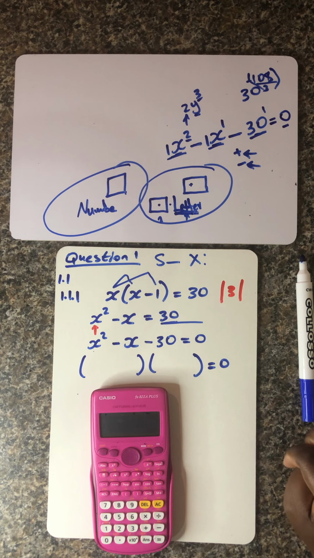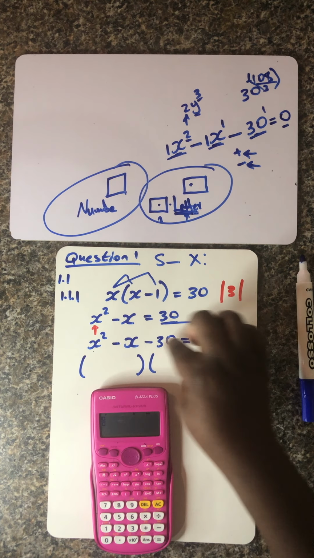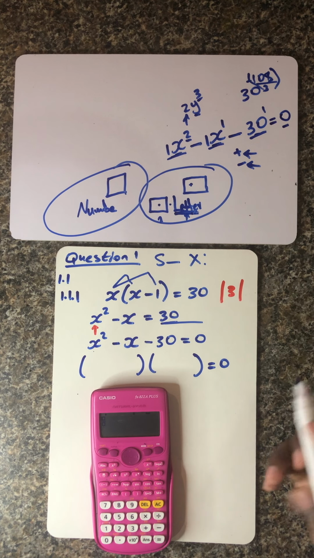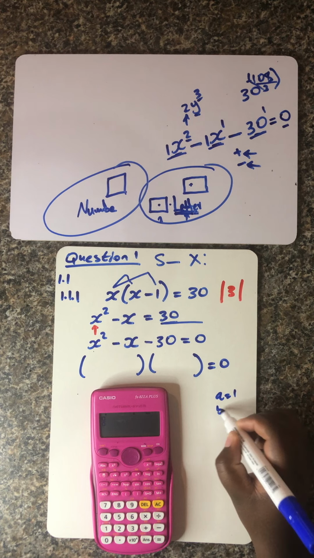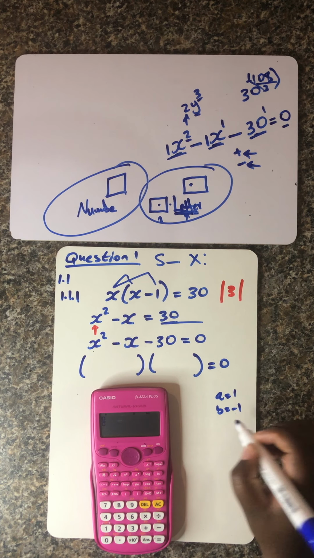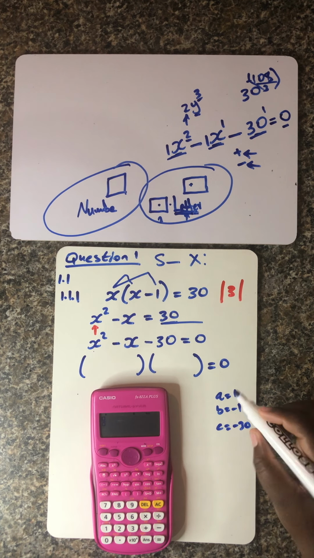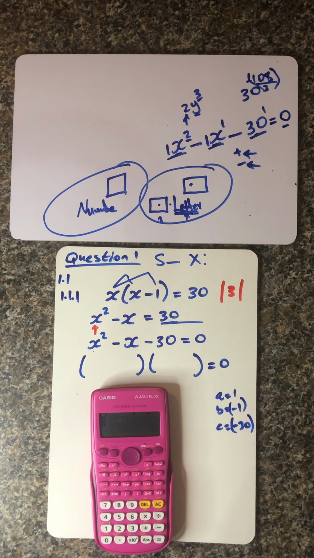So what I'm going to do, ladies and gentlemen, is to use the quadratic formula that you must always know by heart to substitute all of this. I know in my head my A is equal to 1, my B is equal to -1, and C is -30. These negative numbers I'm going to substitute in brackets.